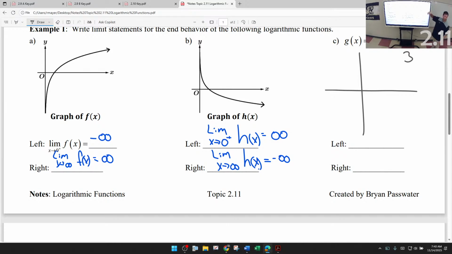I don't worry about the 2. All the 2 does is stretch it or compress it, right? So that's not going to change any domains. So 3 to the y equals x. And if you switch x and y now, 3 to the x equals y. So that's an exponential growth. Make it look like when this thing's out here at 0 right here, it gets flipped to this 0.